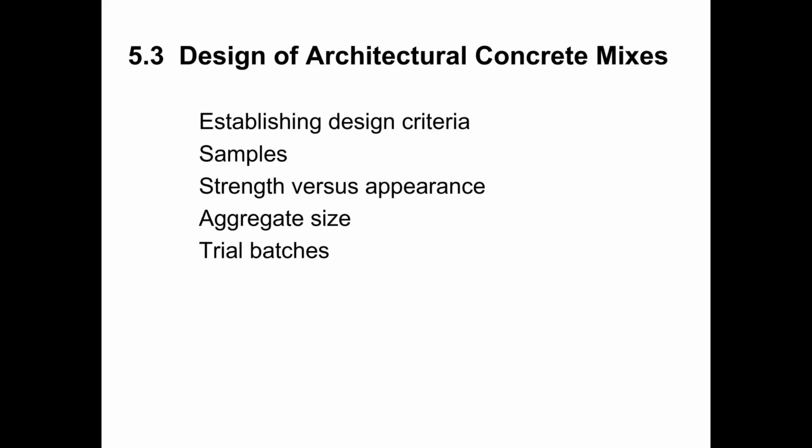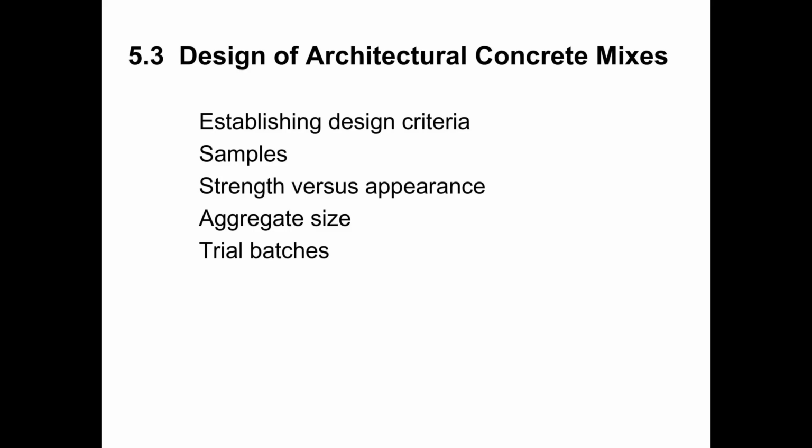The primary driver of our architectural mix design is going to be the appearance of the mix, the aesthetic qualities of the mix. And so in order to determine what those aesthetic qualities are, generally we're going to establish some design criteria that revolves around finished samples. So we're going to develop some finished samples based on the preliminary information that we have from the architect.